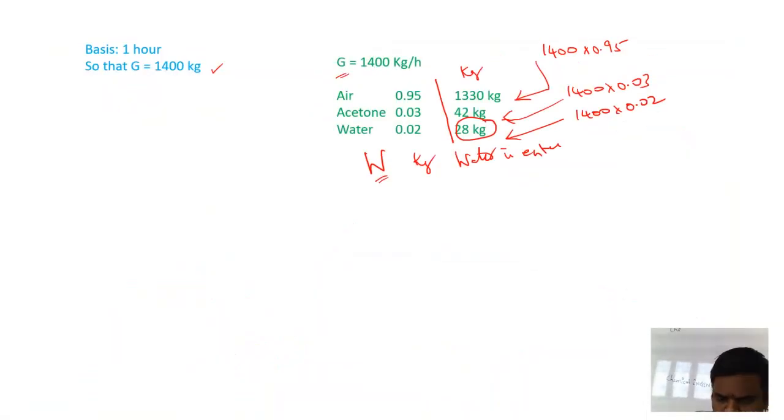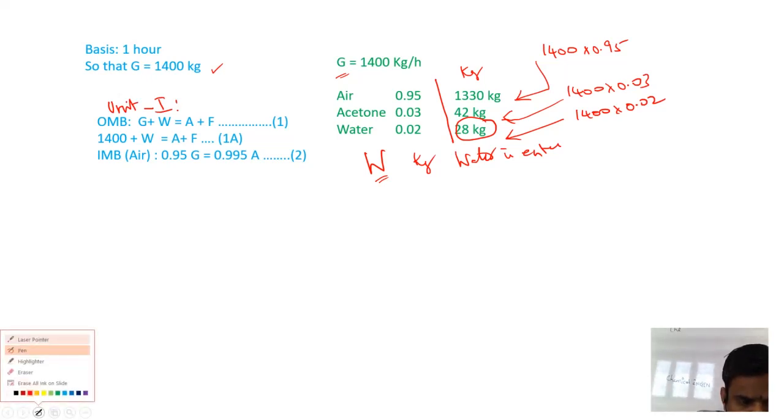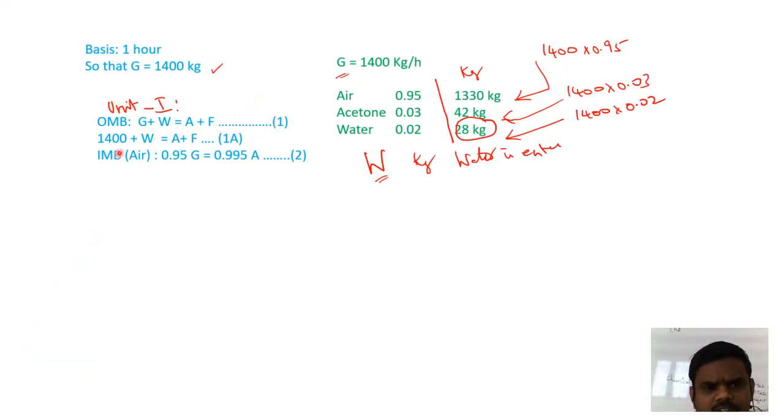If I write the overall material balance for unit 1, G is the input, W is the input, A is the output plus F is the output. Let it be equation number 1. G value is given as 1400, so I can write 1400 plus W is equal to A plus F. Let it be 1A.